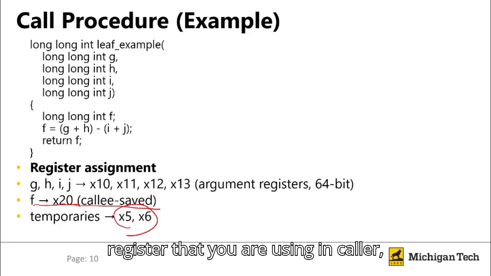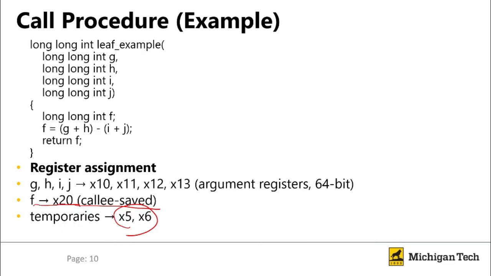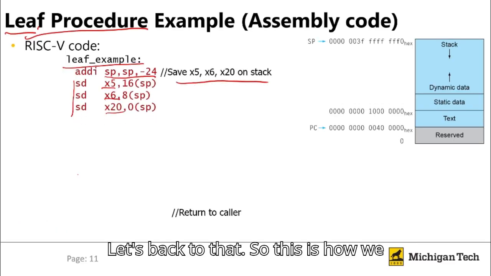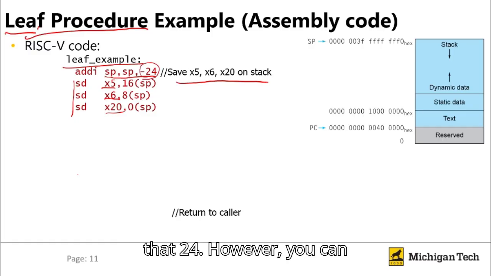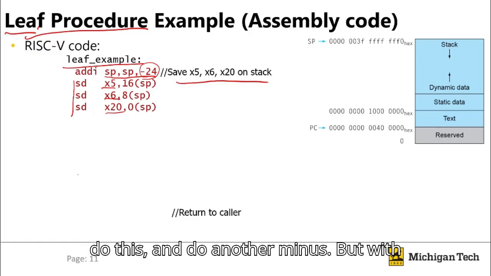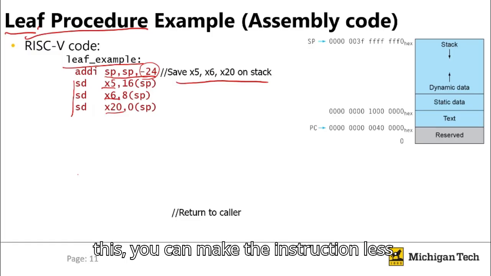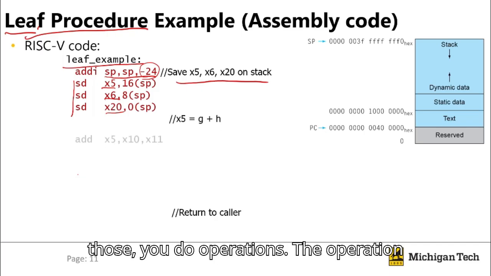Whatever register the caller is using, you need to save, because you are changing the value of them, okay? Let's get back to that. So this is how we do that. First of all, we decrease by 24. However, you can do -8 and put this, and then do another -8 and do this, and do another -8. But with this, you can make the instructions fewer. First, you decrease 24, and then store to the stack pointer like that. That's an easier way.